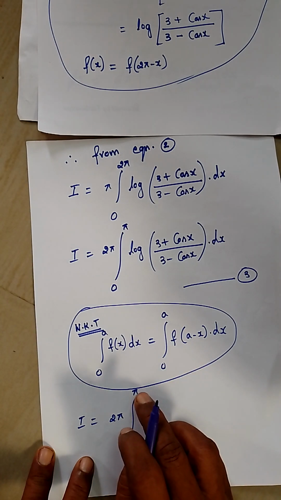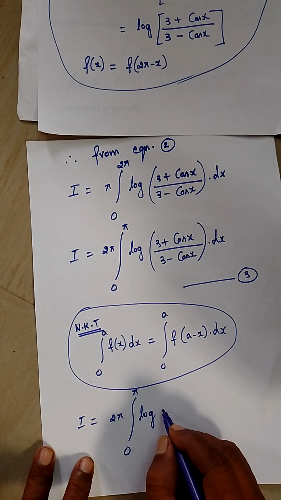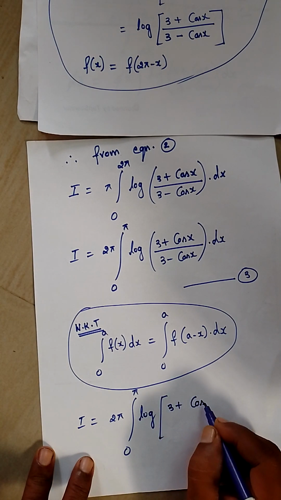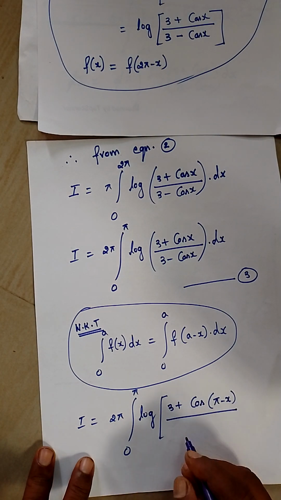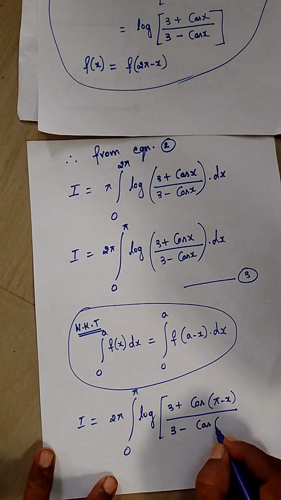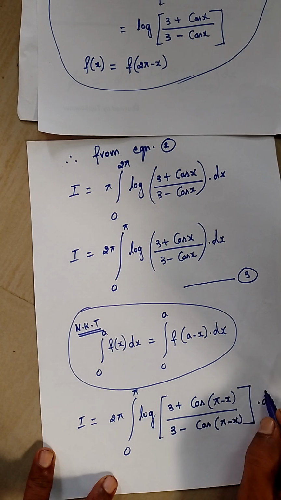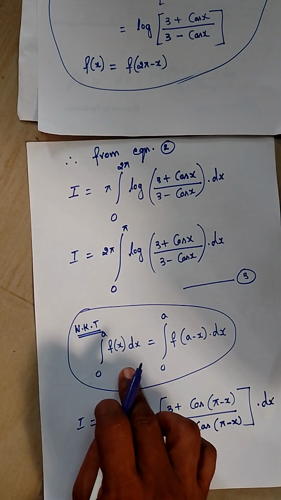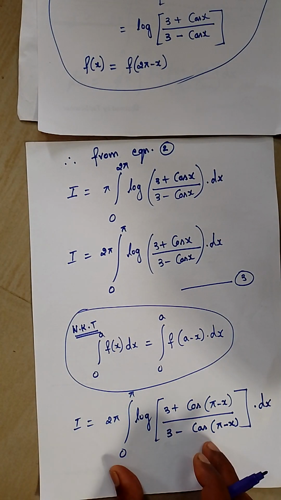Here the upper limit is pi, so x will be replaced by pi minus x. So log of (3 plus cos of pi minus x) by (3 minus cos of pi minus x) into dx. Making use of this property, equation 3 is rewritten like this.